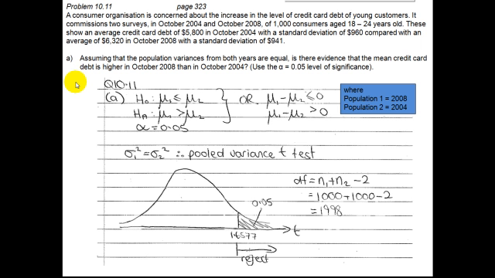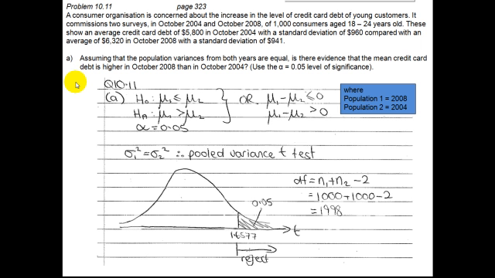So that's our alternative. We can then work backwards and say, well, the complement must be the null. So the status quo is that mu1 is less than or equal to mu2. That can be rewritten as mu1 minus mu2 less than or equal to 0, and therefore in the alternative we have that the difference of means, mu1 minus mu2, is greater than 0.